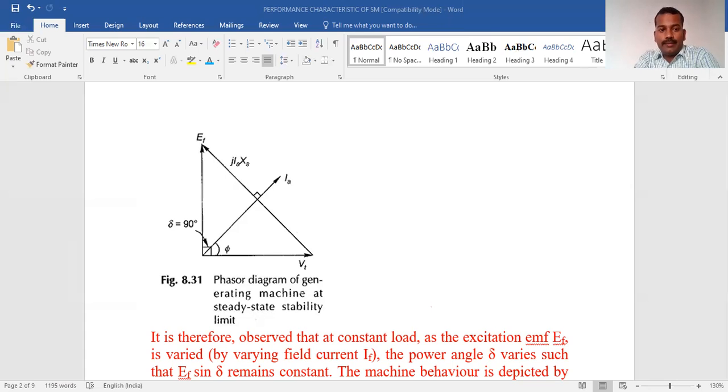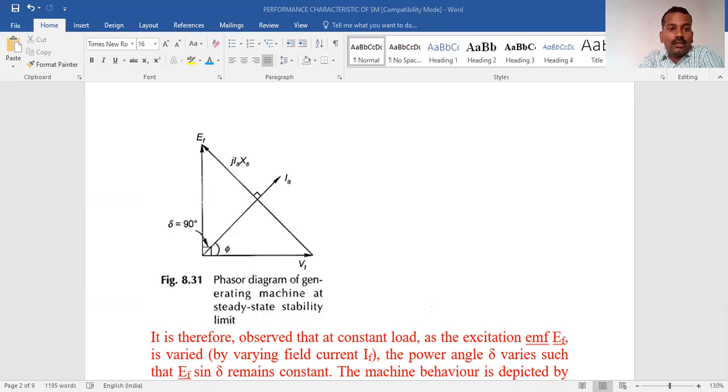And the locus of the I: this is I, you can see there I cos phi. I cos phi, where phi is the angle between V and I. You can see here I cos phi is still constant. The locus of the I is also a circle of radius E by X, okay, centered on the imaginary axis at minus V by X.